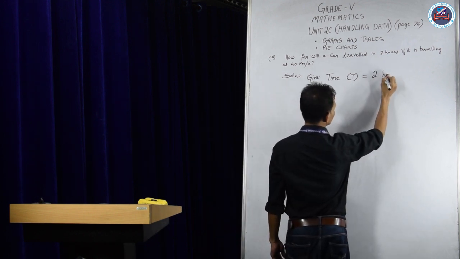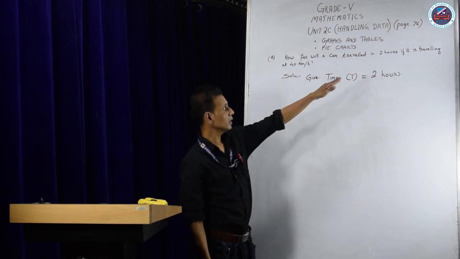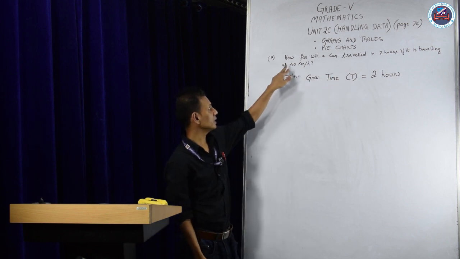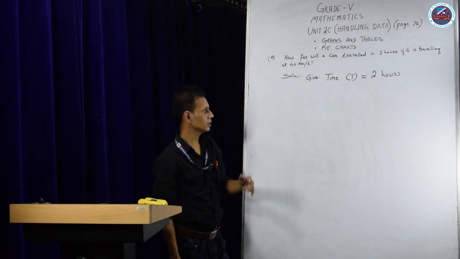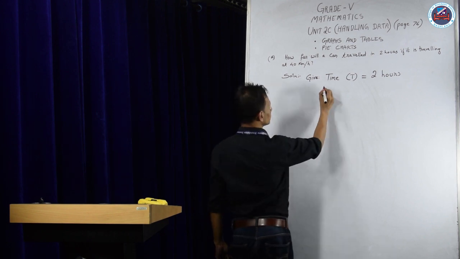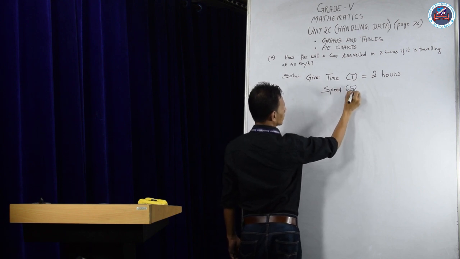T equals 2 hours. If it is traveling at 40 kilometers per hour, that is speed, S-P-E-E-D. I'll use the short form S.